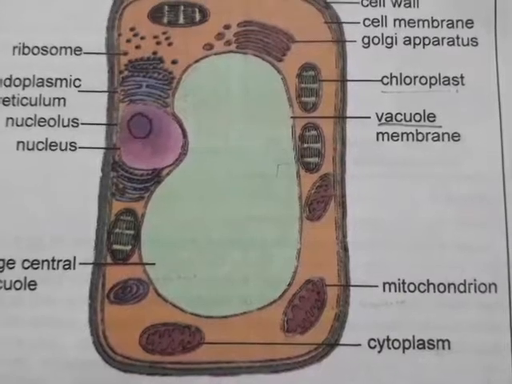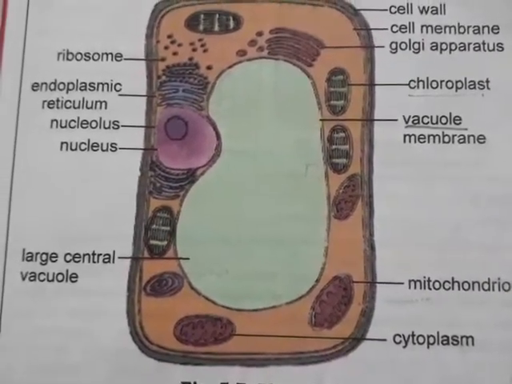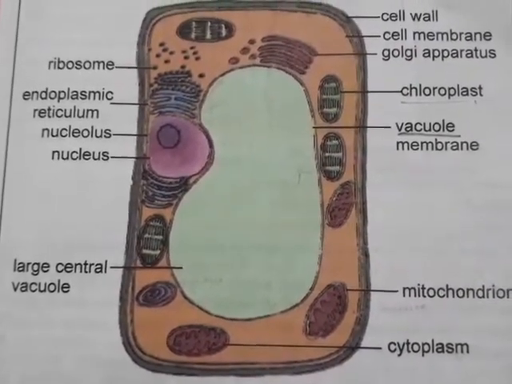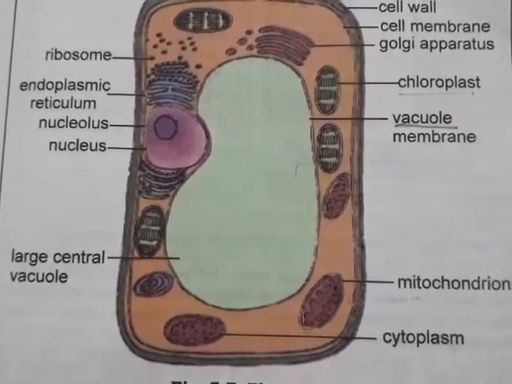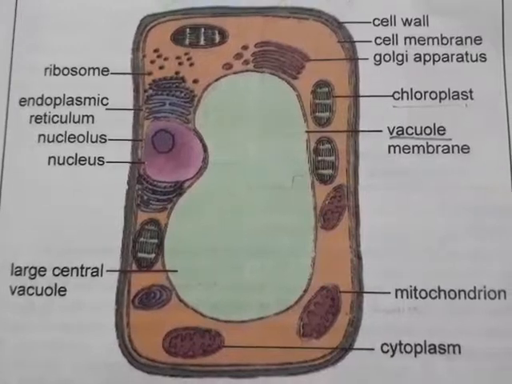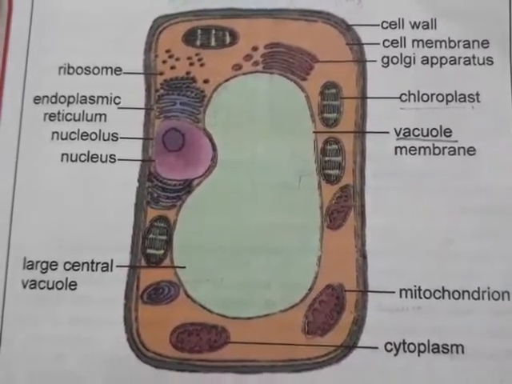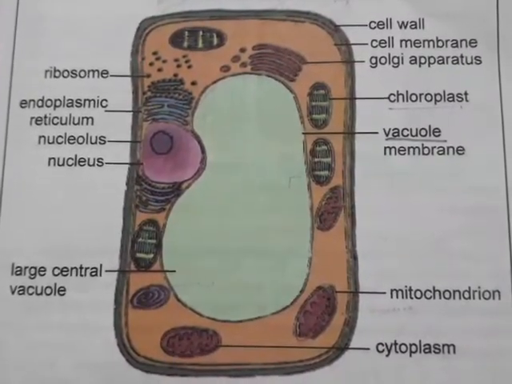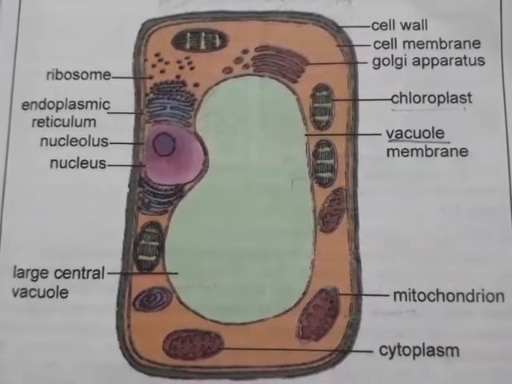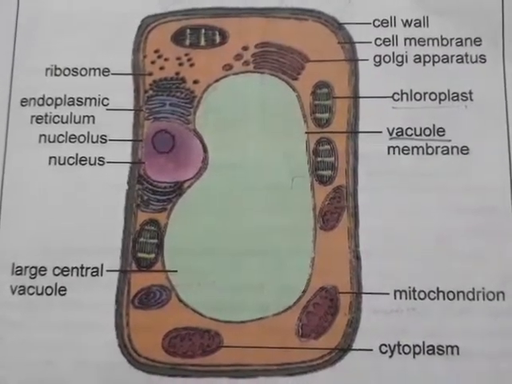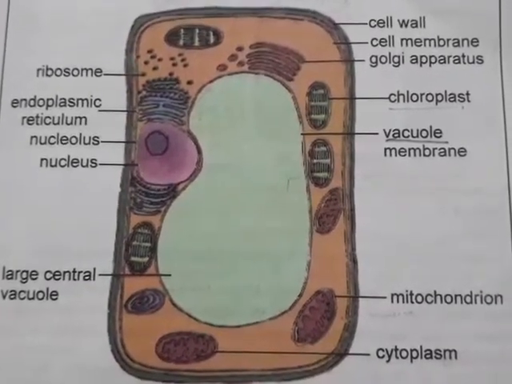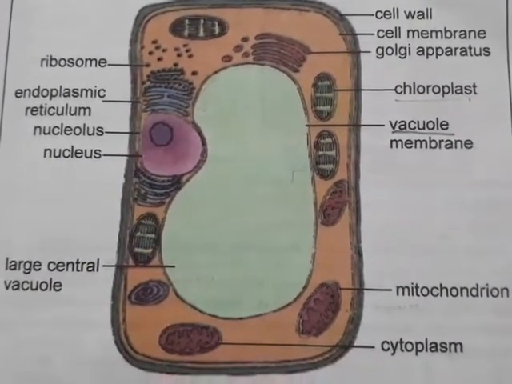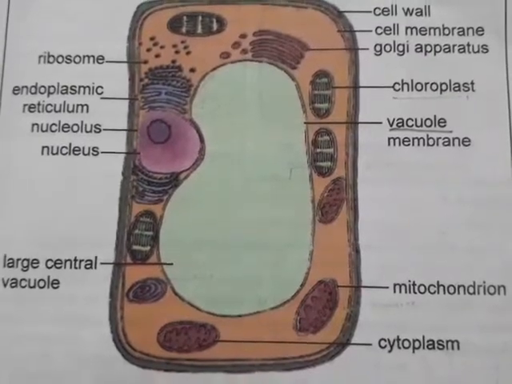Not in the plant cell or the animal cell, but in the unicellular organism, the single-celled amoeba, the vacuole plays another role. What is the other function of the vacuole? Excess water and waste are removed through the vacuole in unicellular organisms. In the animal cell, what throws the waste out of the body is the lysosome.